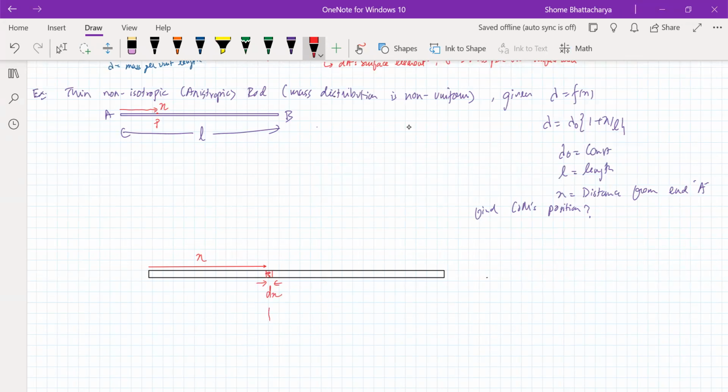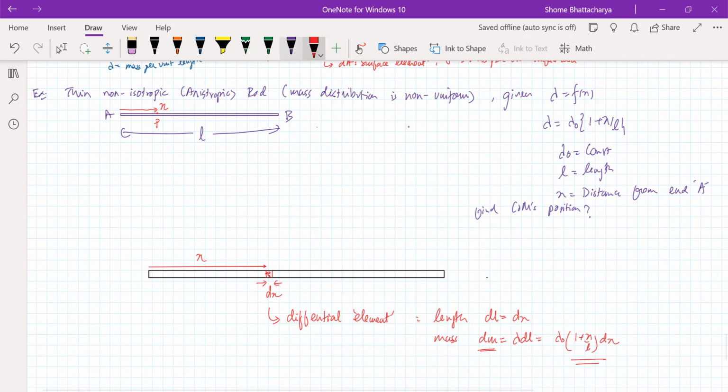So that section, this differential element, has a length equal to dx and it has a mass. So that lambda is lambda naught into 1 plus x by L, into dx. So this is the mass of that element. Now I know that the center of mass is likely to be somewhere to the right of the geometrical center. So I want to find the position of the center of mass.